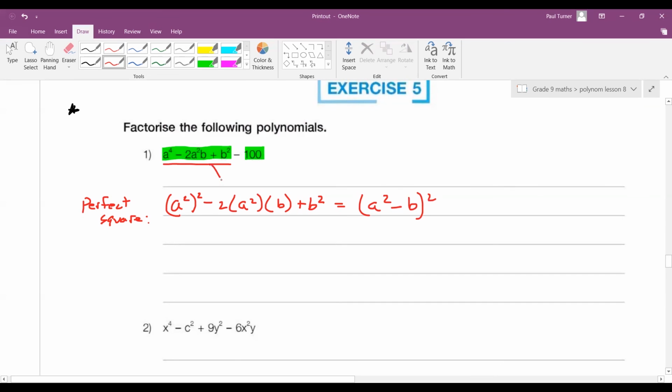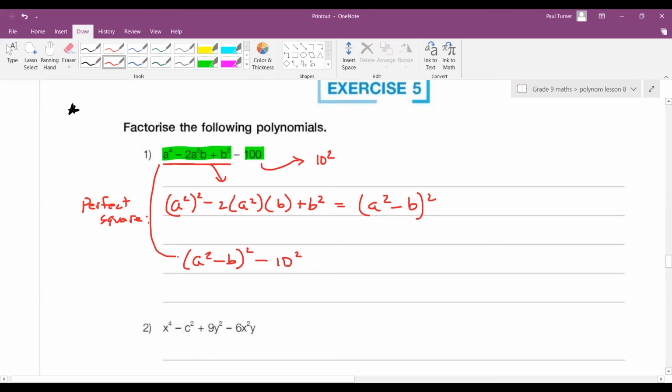So this is for this part here. And then we've got 100, which is 10 squared. Like that. So we've got our square from this part, and we have 100, which is 10 squared. So then you can write that as a perfect square, a squared minus b all squared minus 10 squared.